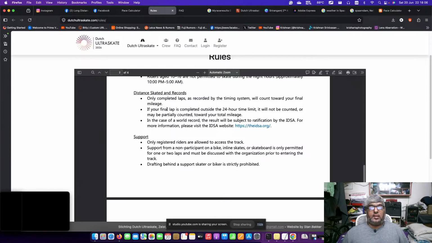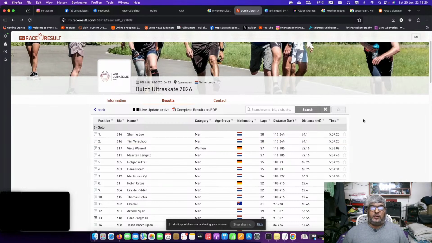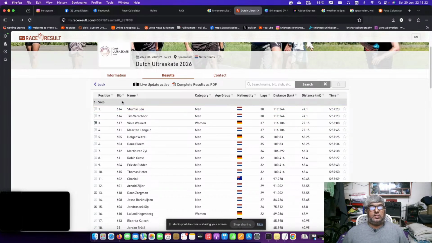What they are talking about with the completed lap and partially counted lap is this: the race runs for 6 hours and 24 hours. If you go and see the results page, the person who finished first, Shou Lu, completed in 5 hours, 57 minutes and 23 seconds.